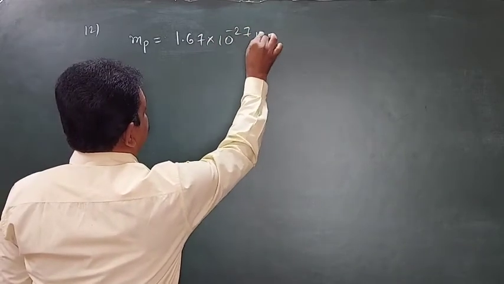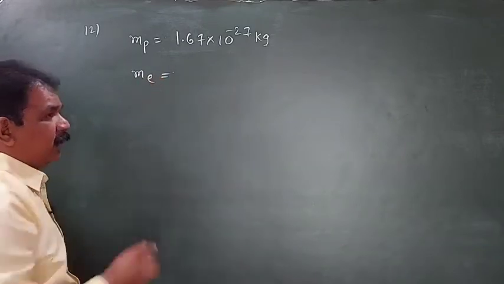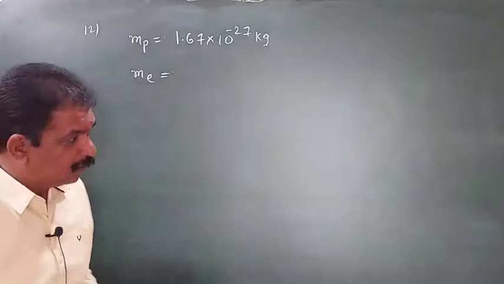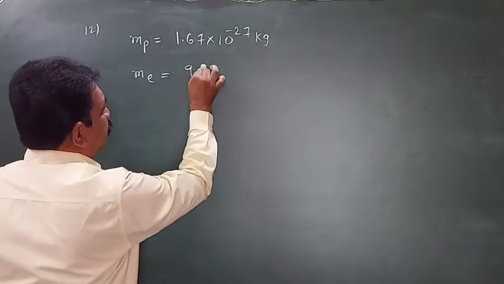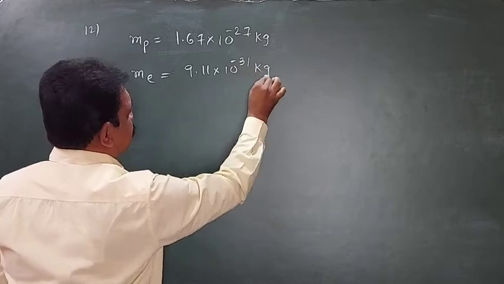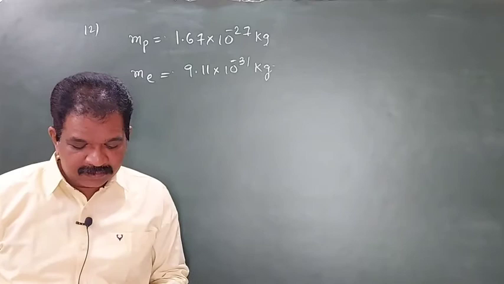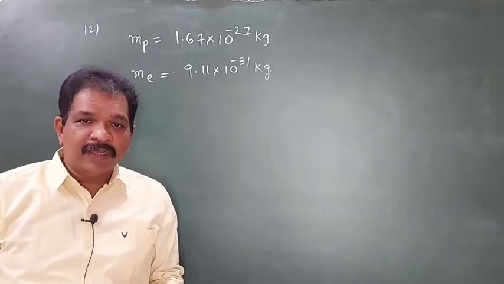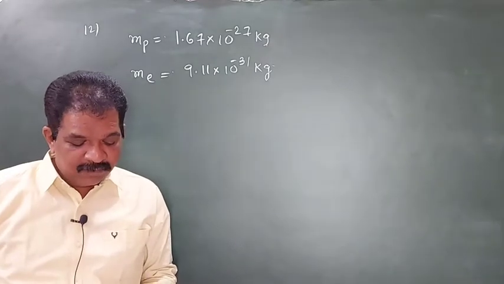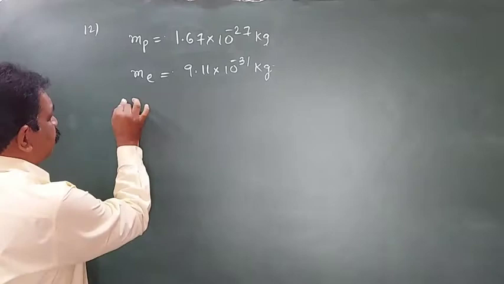This is the mass of the proton. They gave the mass of the electron also, 9.11 into 10 power minus 31 kg. This is the mass of the electron. Next, we will find the velocity of the proton, and then the velocity of the electron using that for the proton.